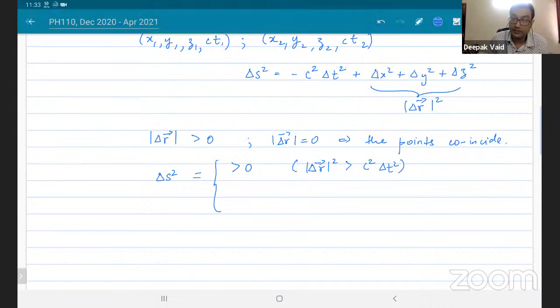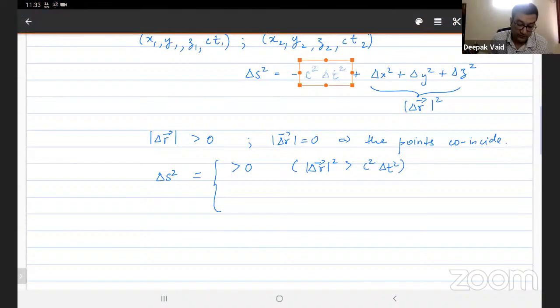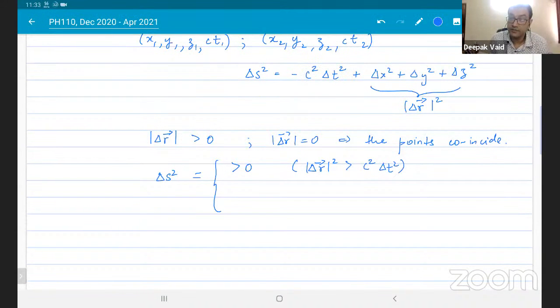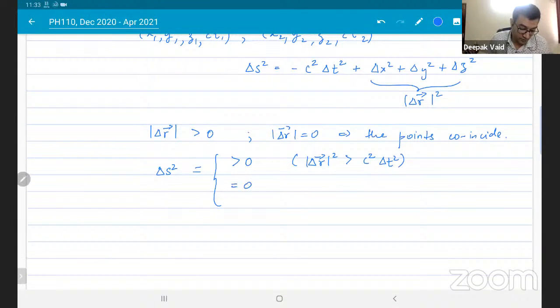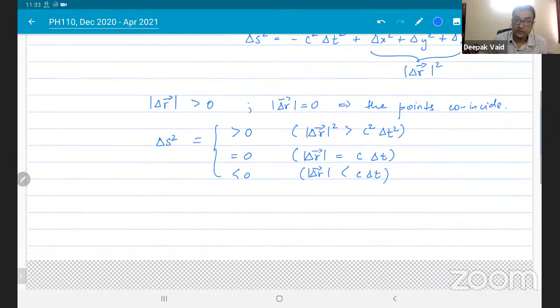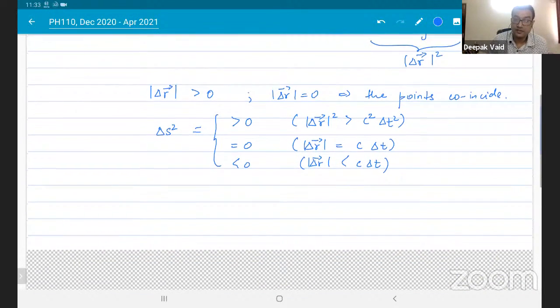That means they are both positive numbers. This is a positive number and this is a positive number, right? So you're taking the difference between two positive numbers. It can be equal to 0, which means delta r is equal to c delta t, or less than 0, which means delta r is less than c delta t. Okay. Now, what is the meaning of these three possibilities?